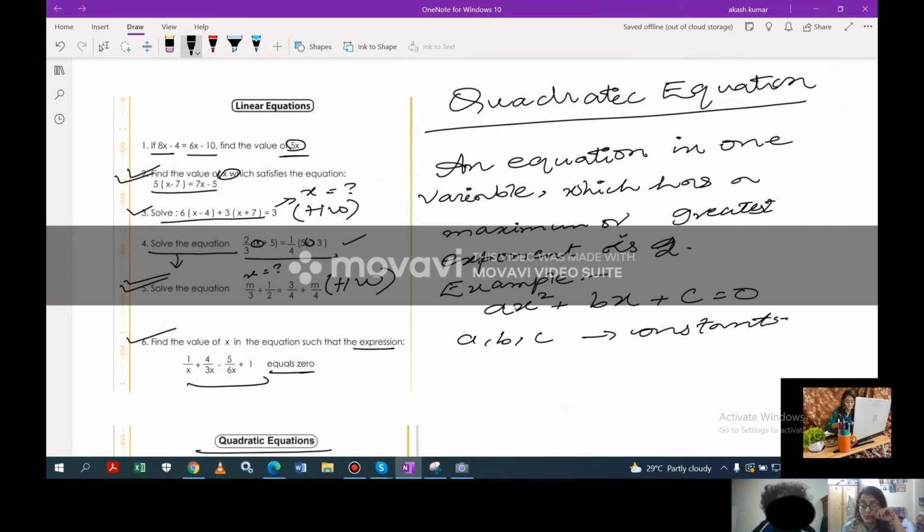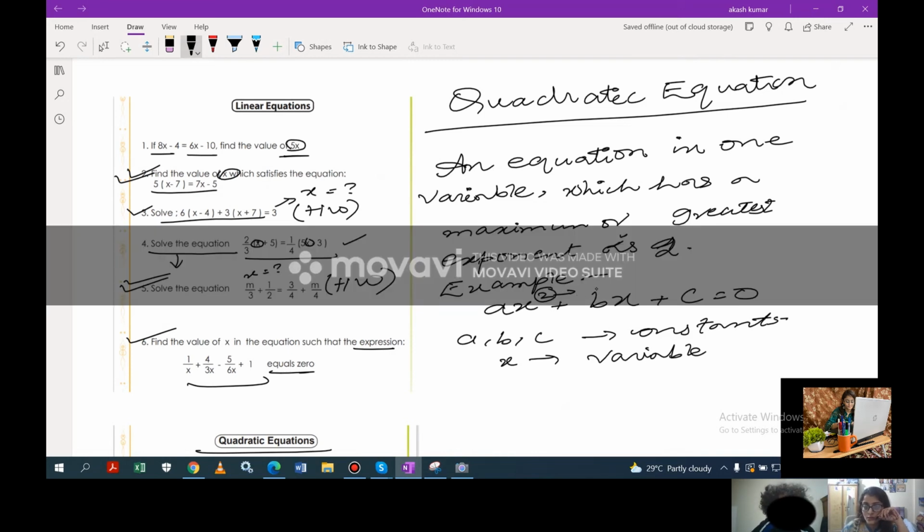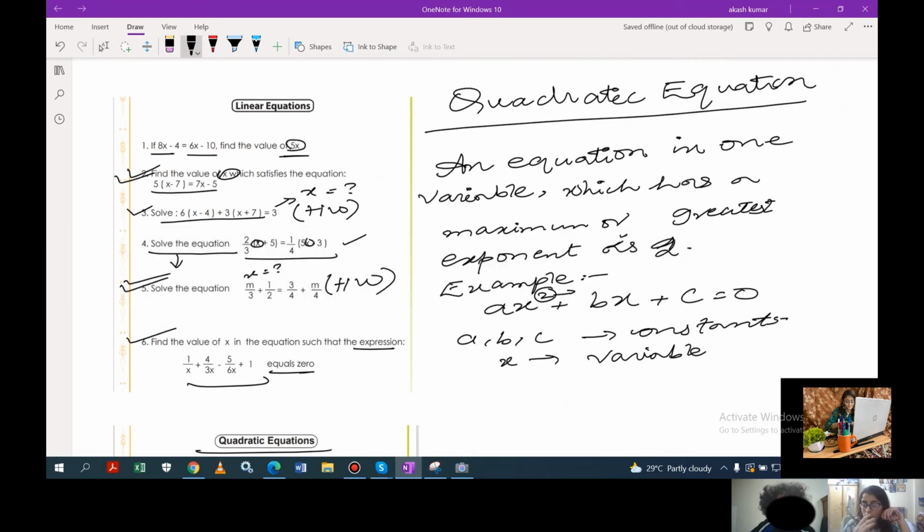Constants means it can be any value, like a can be 2, any constant value. x is the variable and the power of the variable is 2. So that's why it's called a quadratic equation, because it has a power of 2. Is it clear?